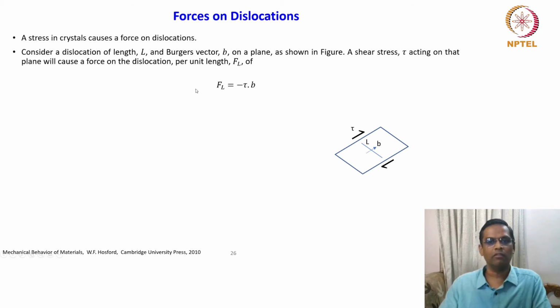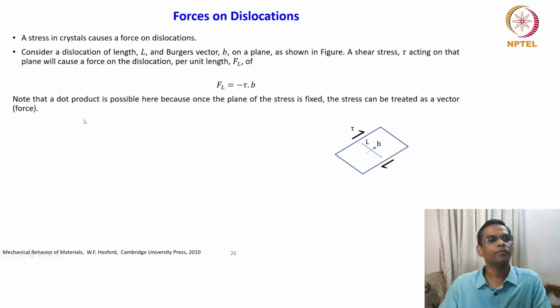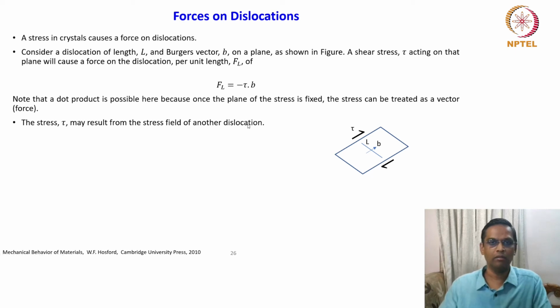So FL is equal to minus tau dot B. That is the force. Note that a dot product is possible here because once the plane of the stress is fixed, the stress can be treated as a vector, as a force. The stress tau may result from the stress field of another dislocation, not necessarily an applied stress, right?